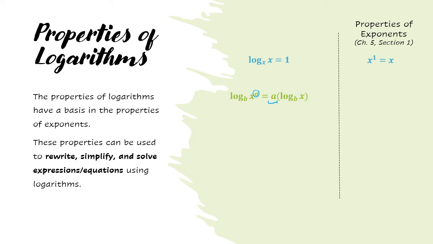This is equivalent to the power of a power rule from exponents, where we raise some base x to some exponent n, and then raise that whole expression to another exponent. When we have that situation, we can rewrite x to the n to the m as x to the n times m. That's the exact same thing going on here, just with logs instead.